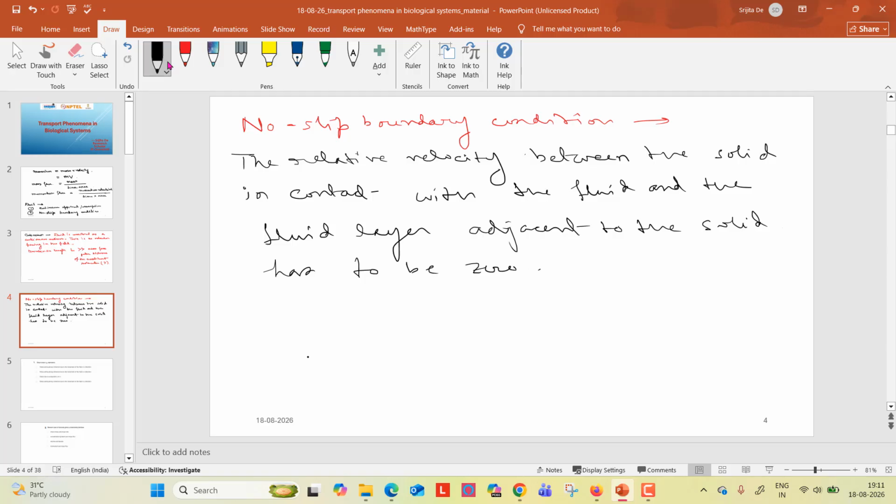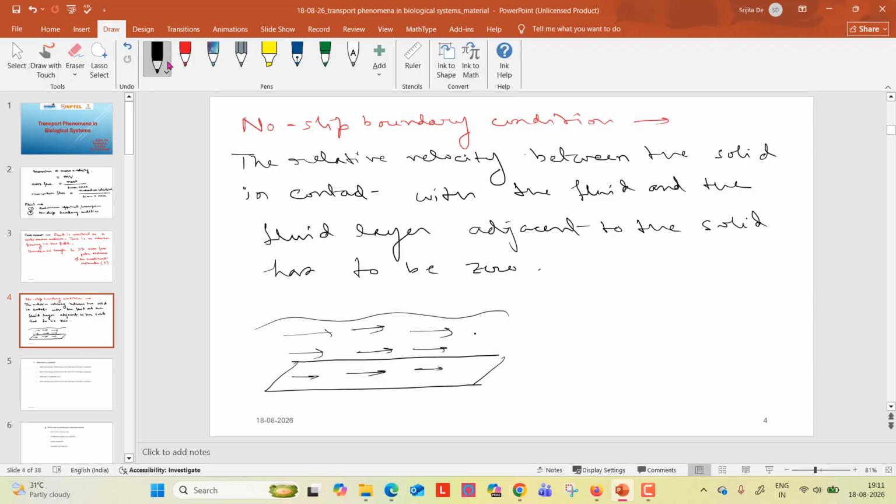That means, suppose this is a plate, and a fluid is flowing like this. The bottommost layer, which is actually in touch with the solid substrate, we have to consider that the relative velocity between the bottommost layer and the substrate has to be 0.